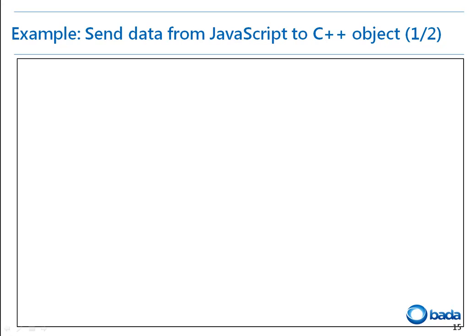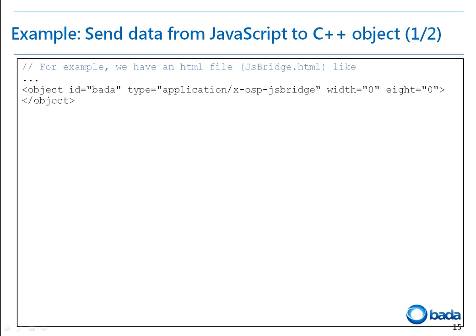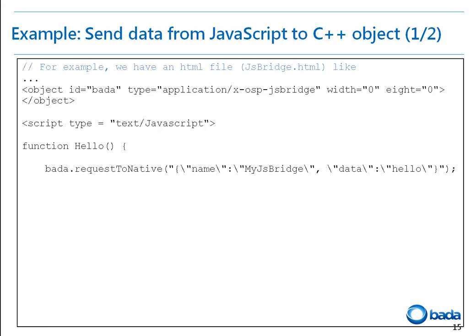I discussed the JavaScript bridge earlier to send data or a command to a bada C++ object from JavaScript. Here, I'll show you a sample JavaScript bridge HTML file. You include the JavaScript Bridge plugin using this piece of code. Using the requestToNative JavaScript Bridge plugin exported method, you deliver data to the instance of the iJavaScriptBridge interface.